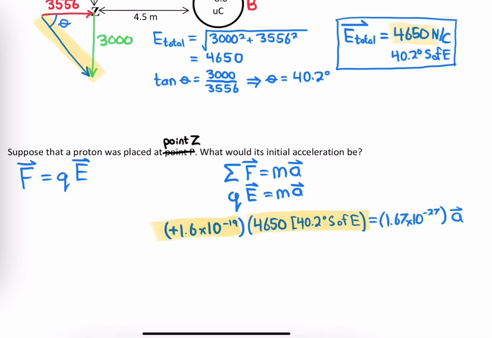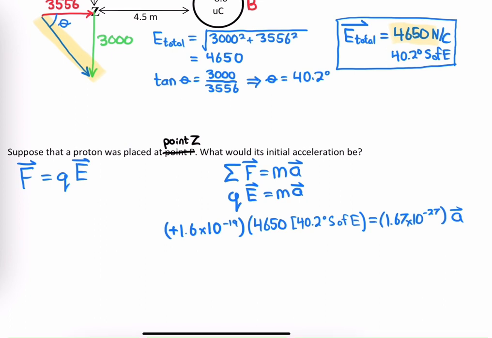If this proton had instead been an electron, then I'd have a negative number here. And when I multiplied this vector by that negative number, the direction would change. Instead of south of east, it would be north of west. But because we're dealing with positive charges, the force is in the same direction as the electric field, and the acceleration will be in the same direction as the force, so they're all going in the same direction.